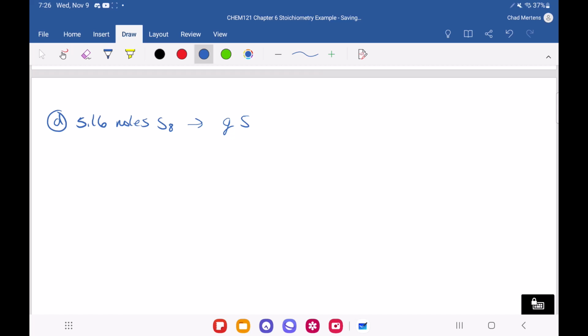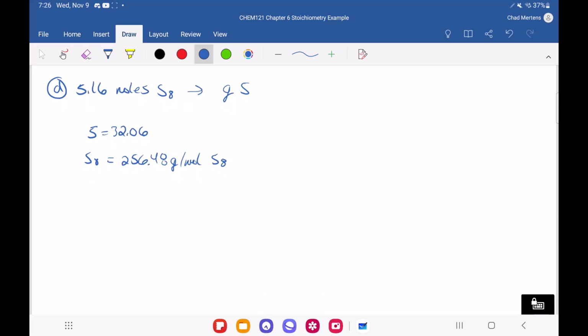In this one, we're looking at 5.16 moles of S8, and we want to end in grams of sulfur. We know that the molar mass of sulfur is 32.06, and S8 would have a molar mass of 256.48 grams per mole of S8. Looking at solving it, we want our moles to cancel first. We know that 1 mole of S8 is equal to 8 moles of sulfur.